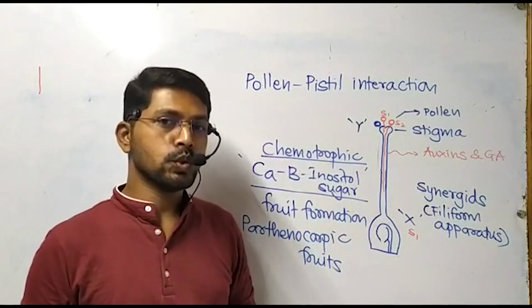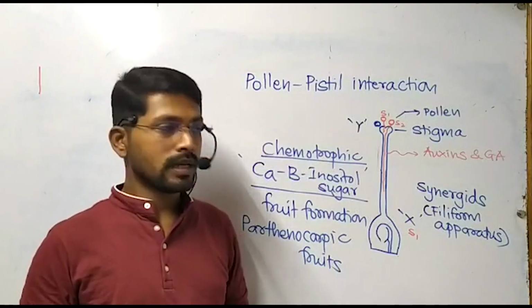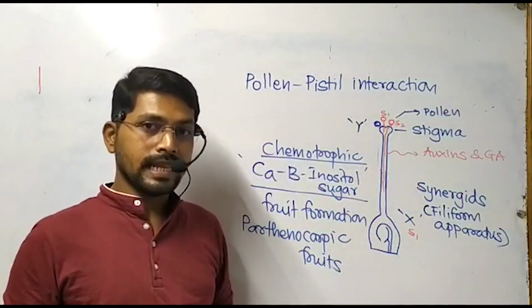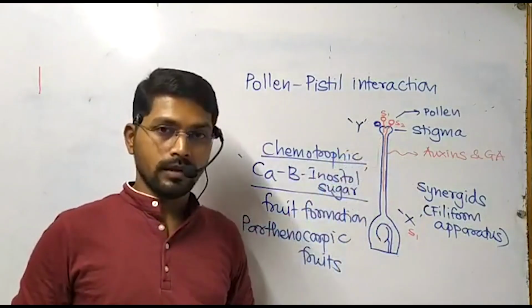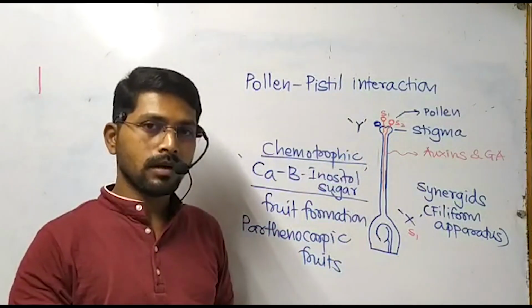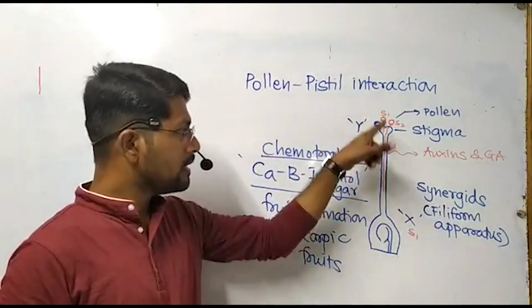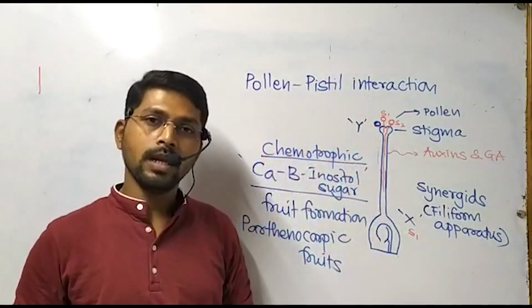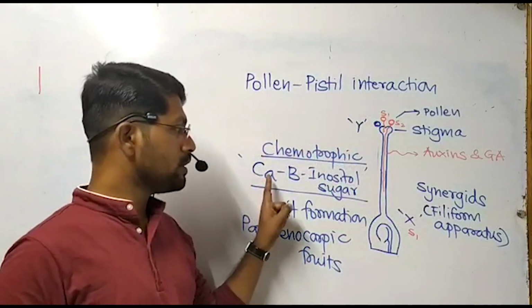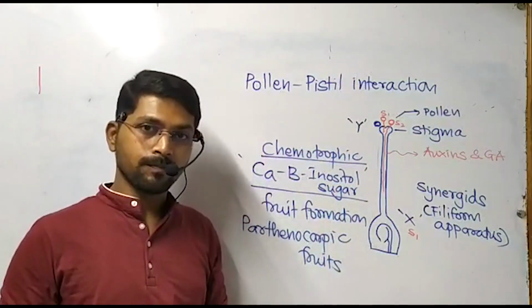Pollen from the ideal source and with a different kind of genotype with respect to gene S is selected and is able to develop the pollen tube, and the pollen tube will grow from the stigma through the style towards the ovary, and this movement is called chemotropic movement because the pollen tube is growing along the gradient of calcium, boron and inositol sugar.